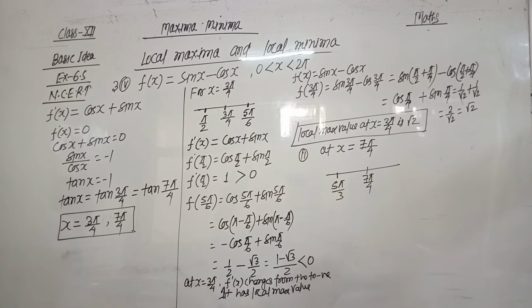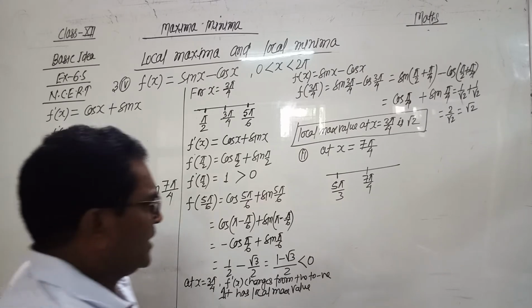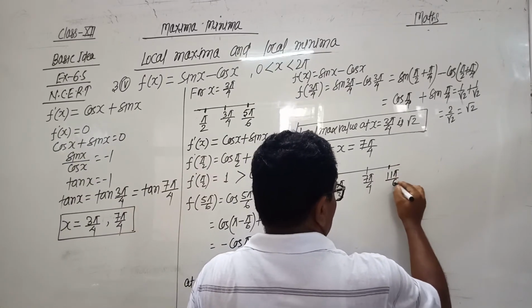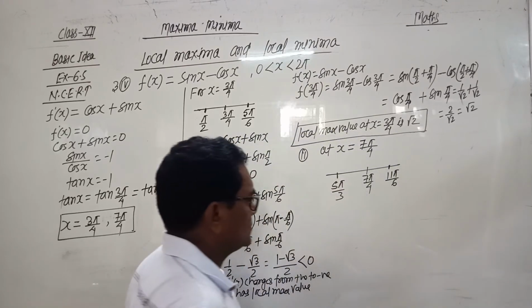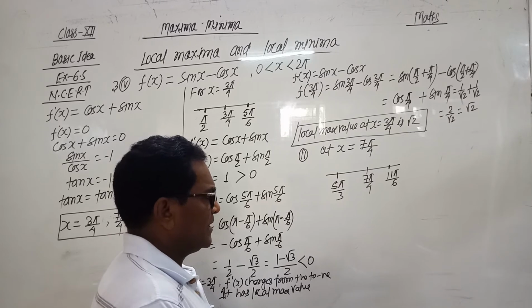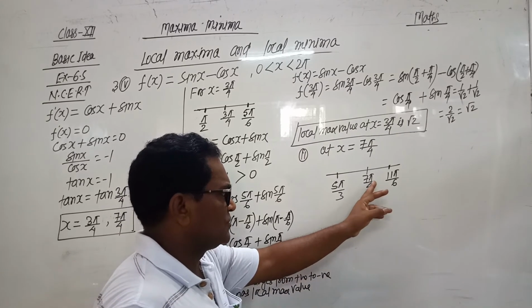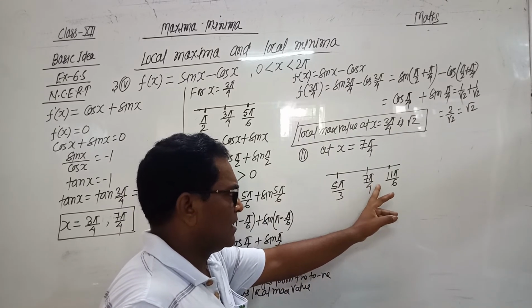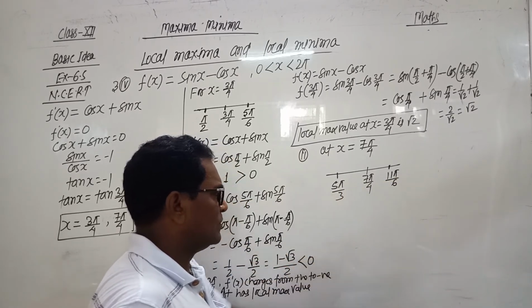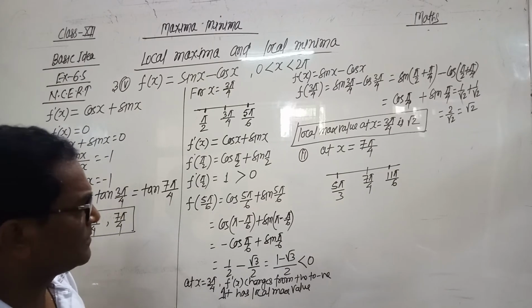And a value just greater can be written as 11 pi by 6, which means 330 degree. This is 315 degree, just greater value 330 degree, just less value 300 degree.